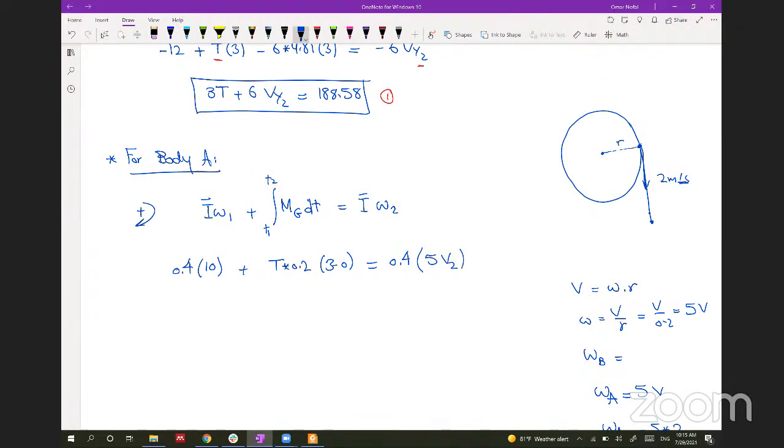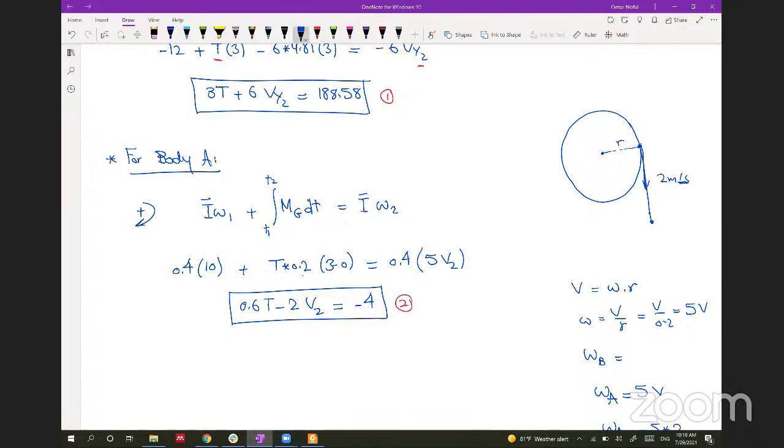So we will get another equation in terms of T and V. This equation will be 0.6 T, if you multiply 0.2 by 3, and minus 2 V2, if you multiply 0.4 by 5, which gives 2 V2, and moving it to the other side makes it negative. And this should be equal to negative 4. So this is our second equation.